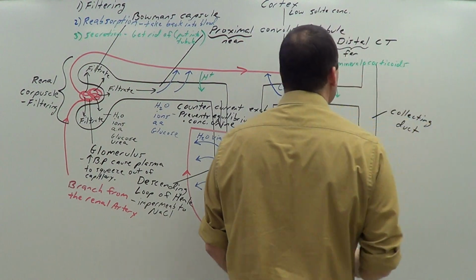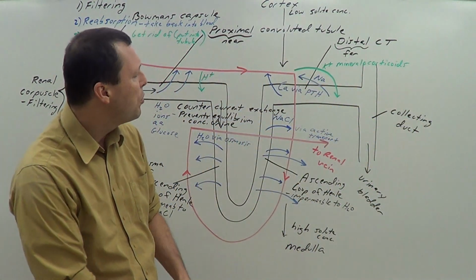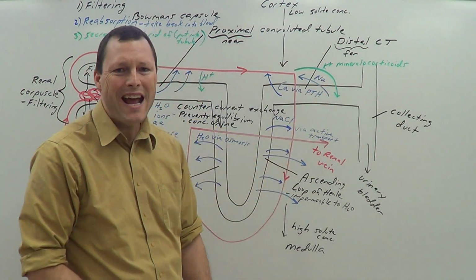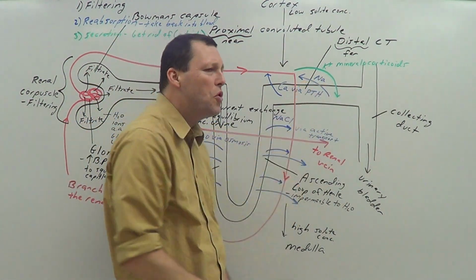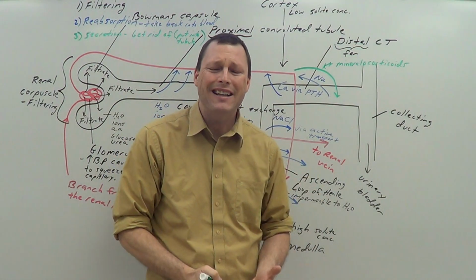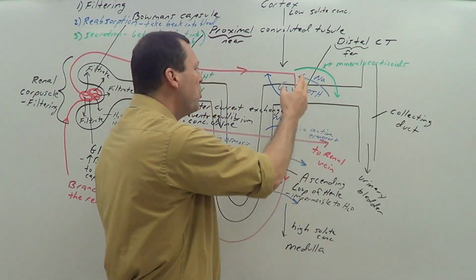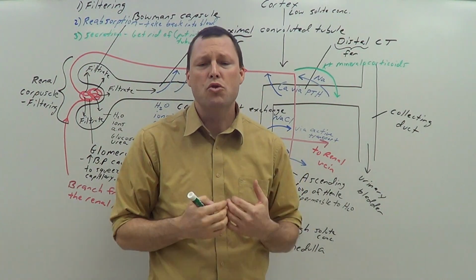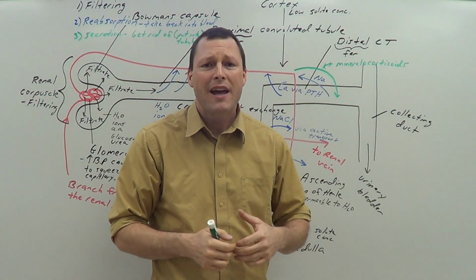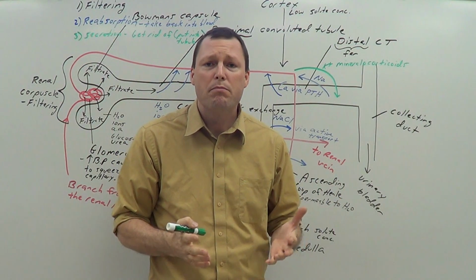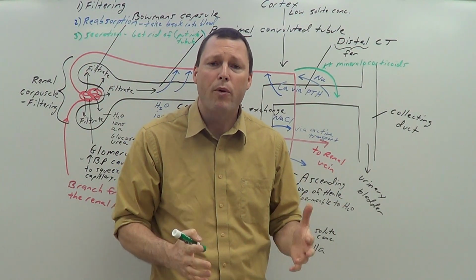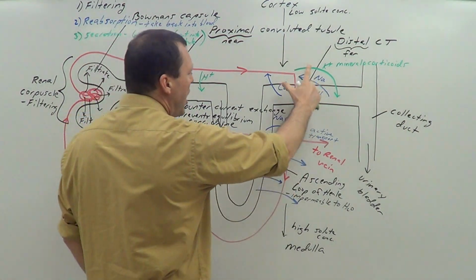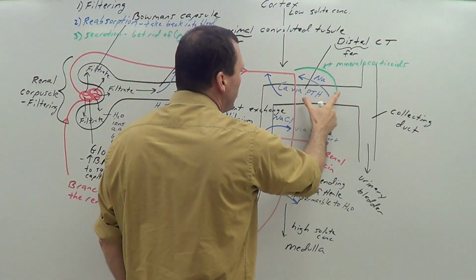These are hormones that are going to promote the reabsorption of sodium and the secretion of potassium. Now, it turns out that sodium is extremely osmotically active. That means if we reabsorb sodium, we're also going to have a tendency to reabsorb some water along with it. And that's going to help promote higher blood pressure, because we don't want our blood pressure to be too low. That's bad too. So this is going to help maintain a proper blood pressure here.